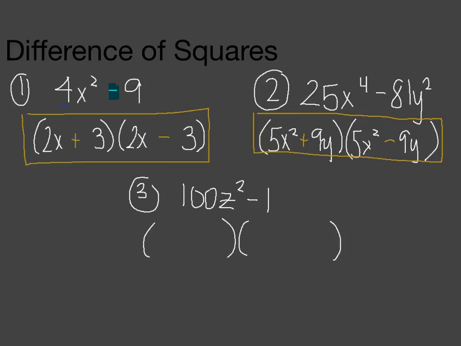Start from left to right. The perfect square of 100 is 10 times 10. Z squared is z1 times z1. The perfect square of 1 is 1 times 1. I make 1 a positive, 1 a negative. And that's my answer.